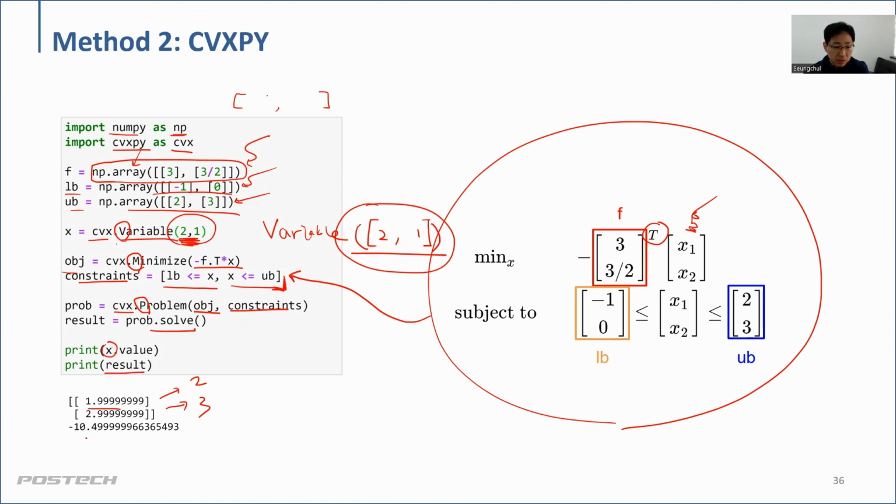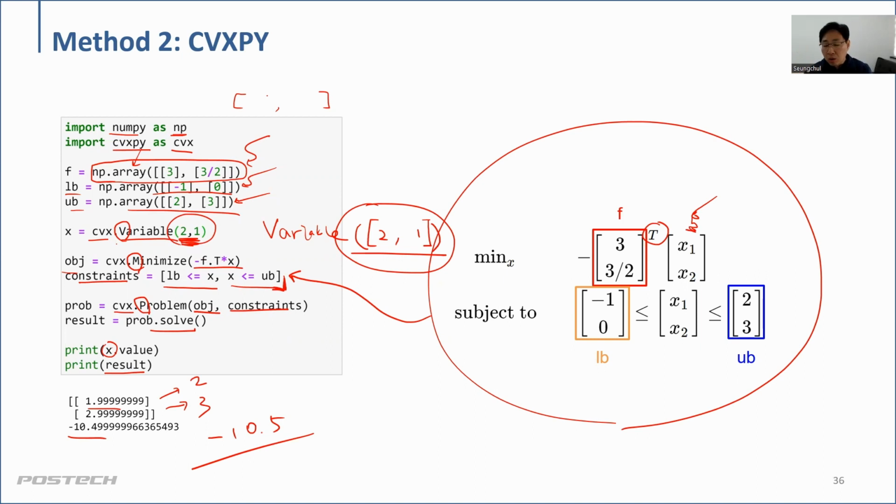And the result is the same as the previous way that I solved this problem. So okay, this is the first demonstration of how to use CVXPY for an optimization problem. That's the only reason that I introduced it.